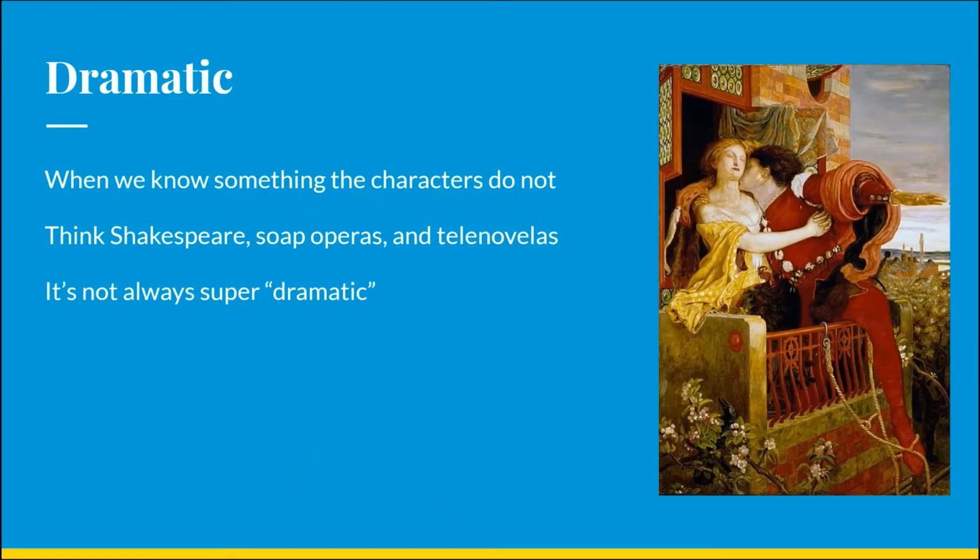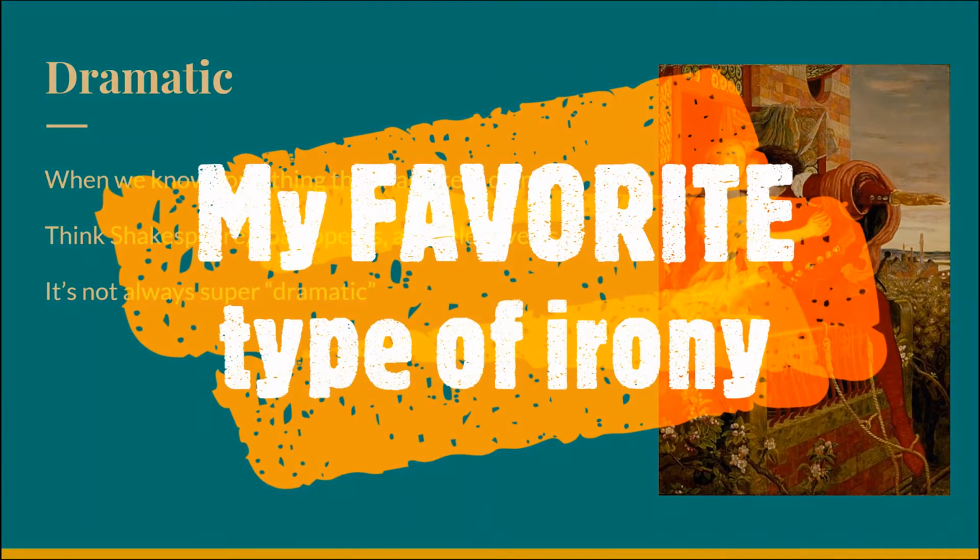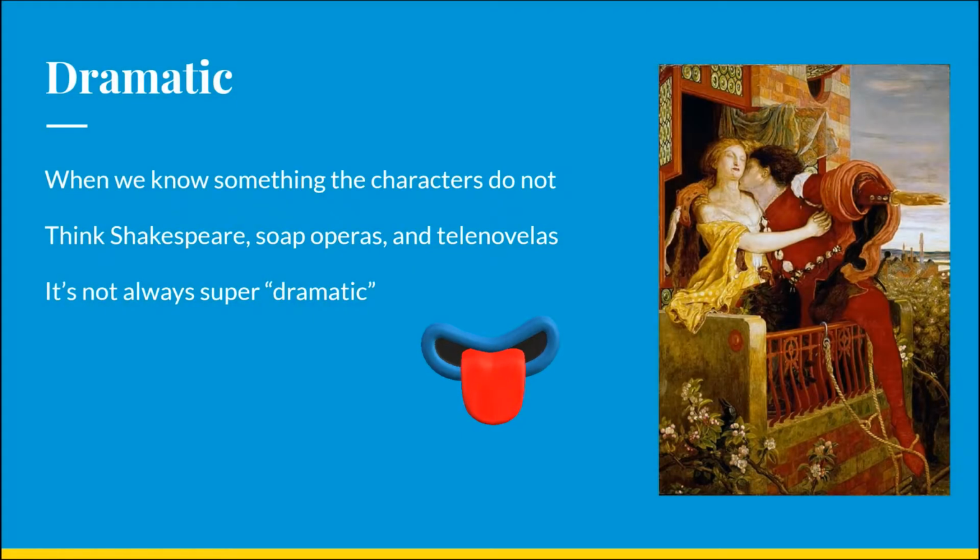Dramatic irony. I'm touching on dramatic irony first because dramatic irony is one of my favorites. It isn't all, oh, I'm being dramatic. Isn't that ironic? No, that is not it at all.